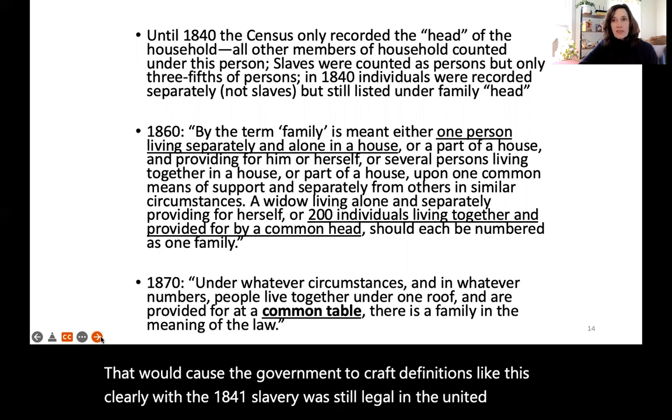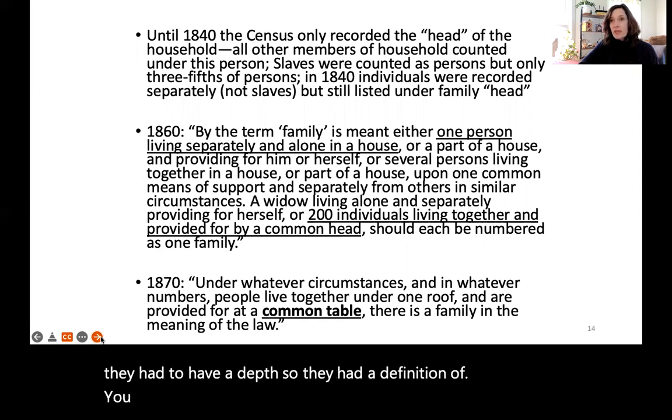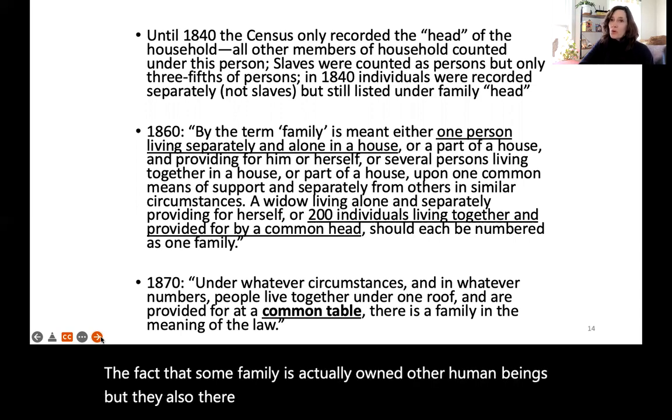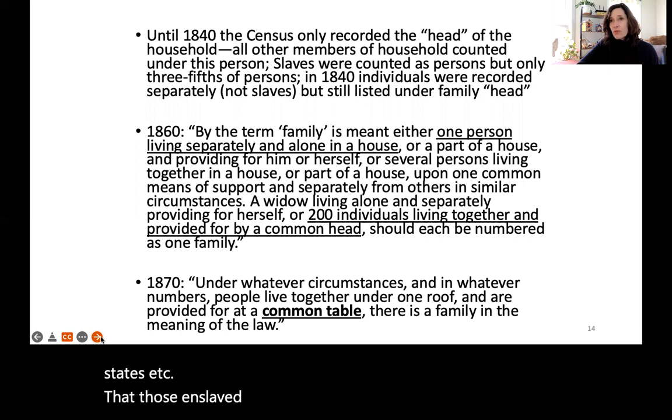So they had to have a definition of a family that accounted for the fact that some families actually owned other human beings. But there were concerns with states, the power of southern states, etc., that those enslaved people weren't even counted as full persons.